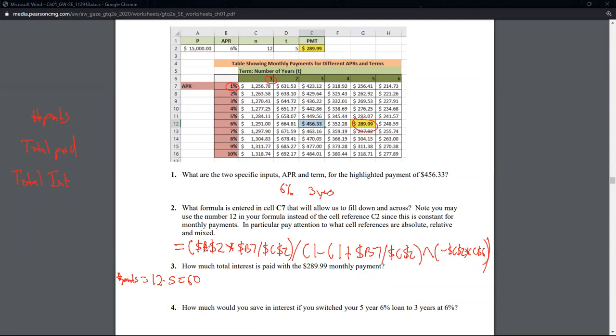Well, each time we make a payment, we're paying $289.99. So the total paid is $289.99, and we're doing that 60 times.